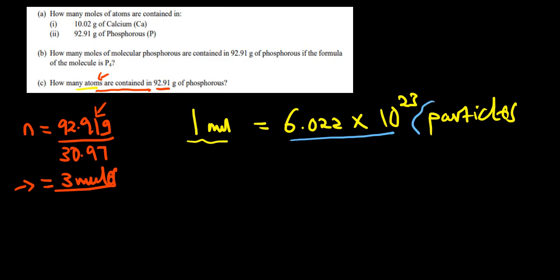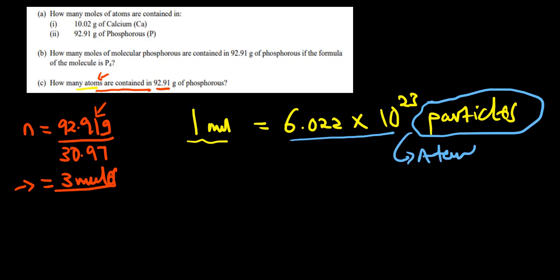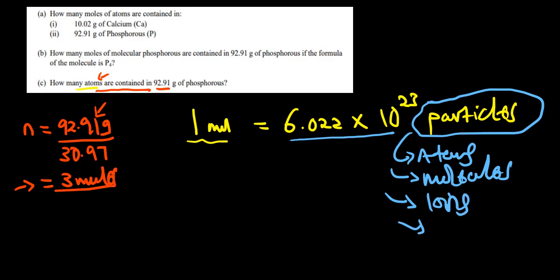Now these particles here can take any form. They can be atoms, they can be molecules, they can be ions, or they can be electrons. So we use the same formula.